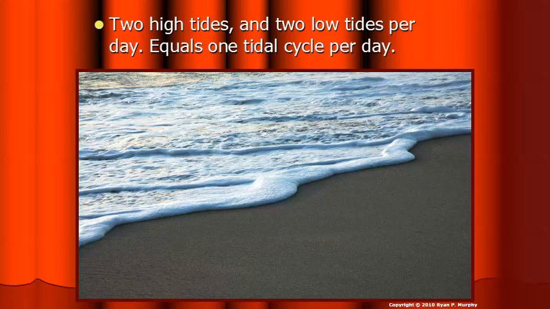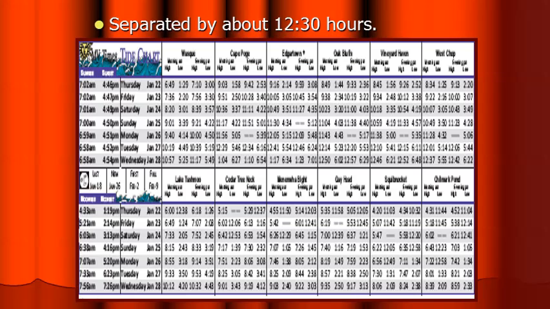So because of that, we get 2 high tides and 2 low tides per day, and that equals 1 tidal cycle per day. This is a tide chart here, and as you can see, if you were to look through this tide chart, the tides are separated by about 12.5 hours. That half hour there is kind of interesting.